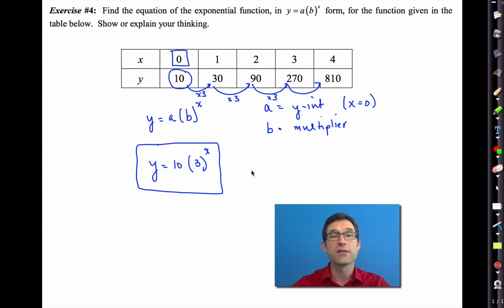And you could test it. One of the things you could do is take x equals 3 and plug it in, and I'd get 10 times 3 to the third. 3 to the third is 3 times 3 times 3, which is 27, and I'd get 270. Right? So it's a good check.